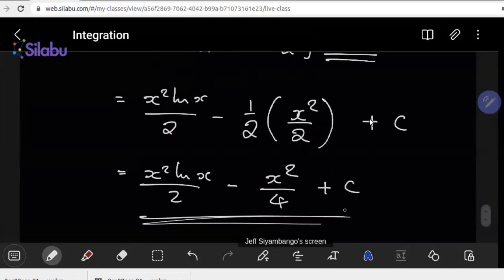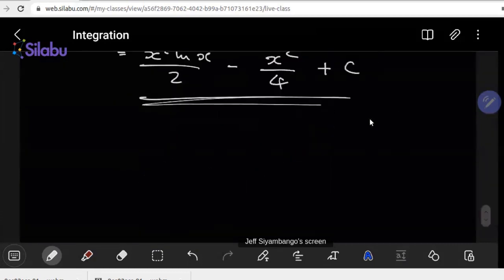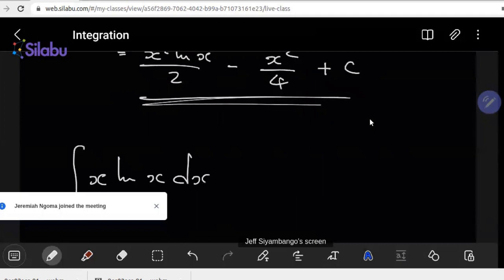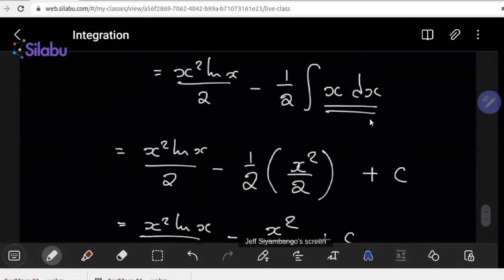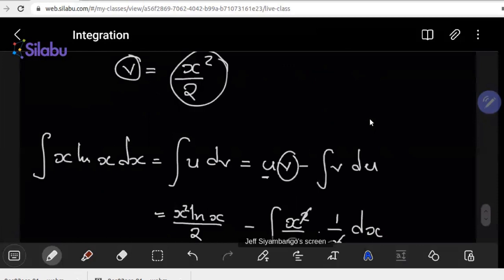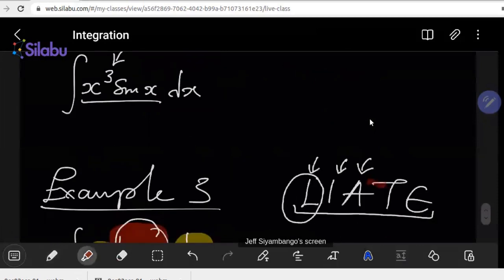Now, I want you guys to try the same one. Try to perform the same integral x ln x dx, but this time just try to see what would happen had you picked u to be not ln, u to be x. Would it be the way this one was? The idea of what this rule is such that the integral becomes easy to evaluate.